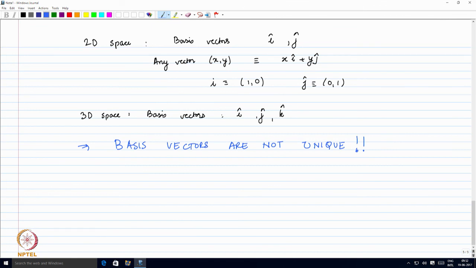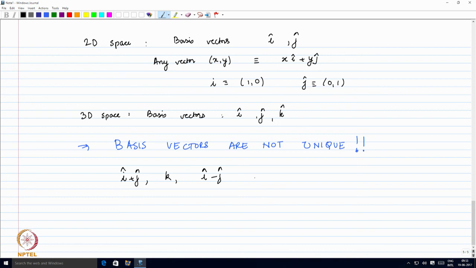You can take any two linearly independent vectors and you can show that they span the entire vector space. Similarly, any 3 linearly independent vectors in 3D will span the vector space and so they can be used as a basis. So, for example, in 3D, instead of i, j, k as a basis, I can take i plus j, k, i minus j. I can take these 3 as a basis.